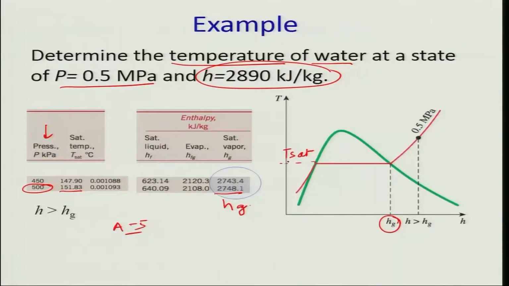So at the corresponding saturation temperature, the enthalpy of the vapor is less than the value which is given for the system. That means h is more than hg. So this indicates that this particular state should be higher along this red line, because this is at a constant pressure. Okay. So this must be a superheated vapor.